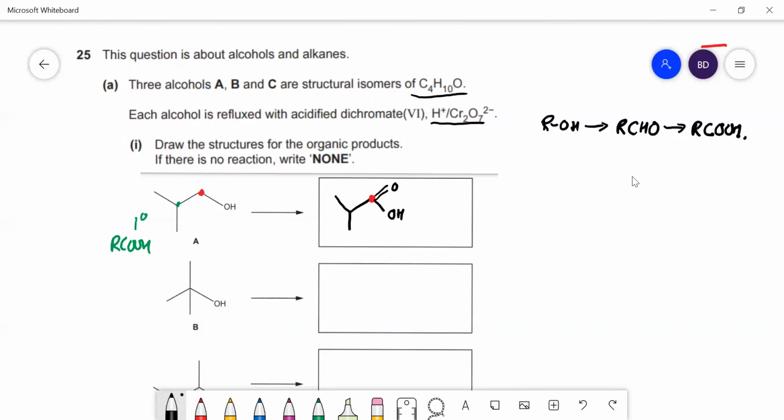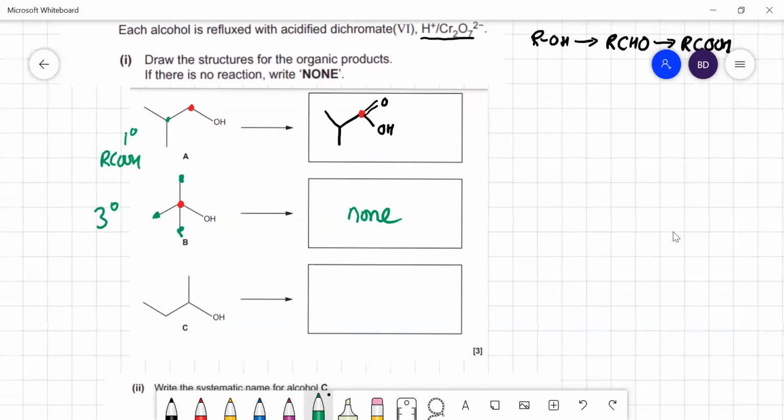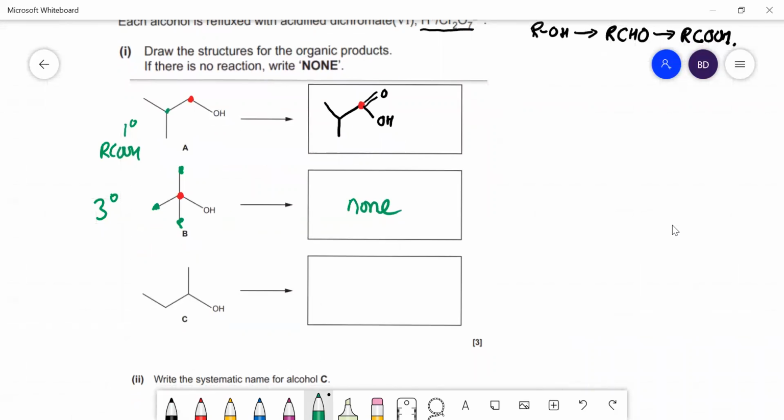Right, let's look at B. The carbon to which the alcohol is attached, the red one, is attached to three others. That means it is a tertiary alcohol, so it can't be oxidized, so you won't get any product there. None, no product. The next one, you can guess it's going to be a secondary, but let's just check.